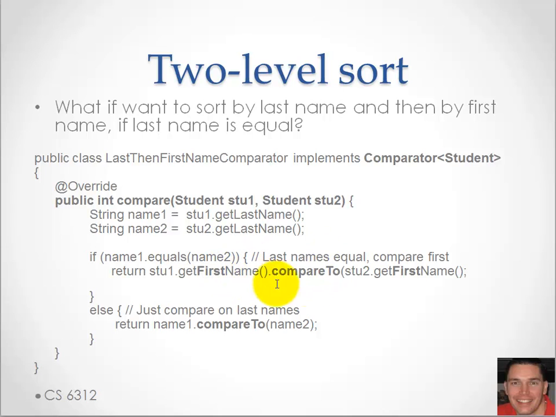Then I can leverage the compareTo method, and that's going to sort by first name on these two particular objects. Otherwise, if the last names are not equal, I just want to sort by my two last names using that compareTo method. So I can implement a two-level sort, which will first sort by last name. Then if the last name is equal, it's going to roll over and sort by the first name.